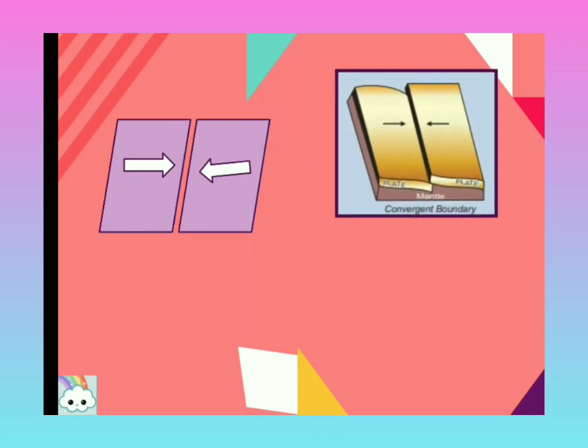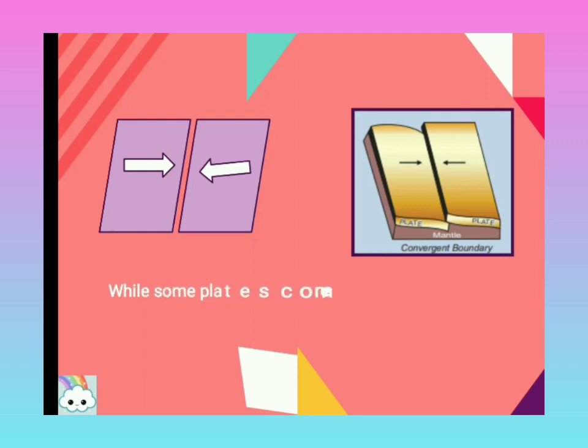These plates are continuously moving in different directions, and on the basis of their movement, the plate boundaries have been given different names. Let us know about the plate boundaries and the directions in which they move. Suppose this is one plate and this is another plate. This plate is moving in this direction and this one is moving in this direction. Can you tell me what will happen as both are moving towards each other? They will converge, and due to which they are forming which boundary? Convergent boundary.